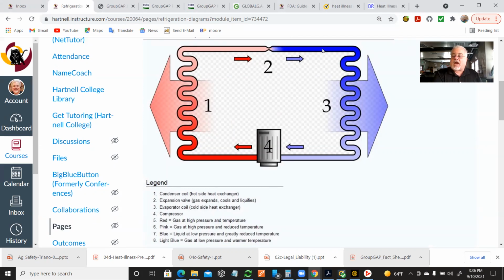And this is not a vacuum, but it's a much lower pressure environment, a slight vacuum. High pressure, low pressure. It goes to the low side.